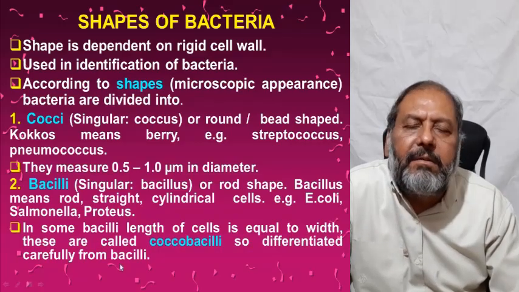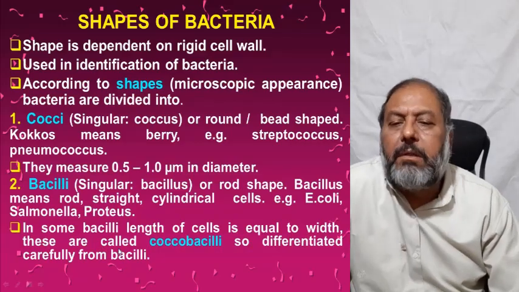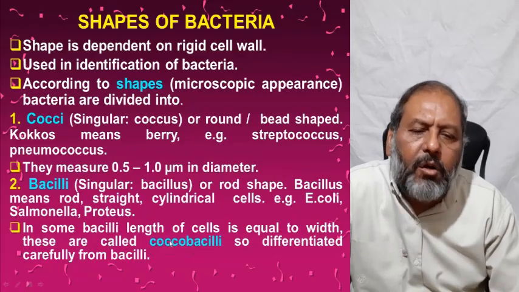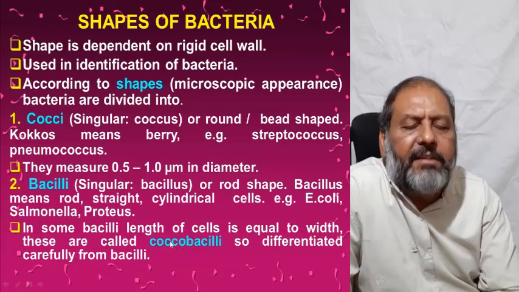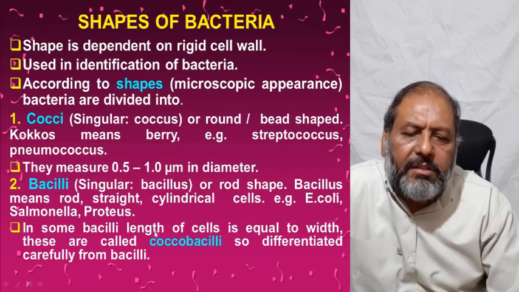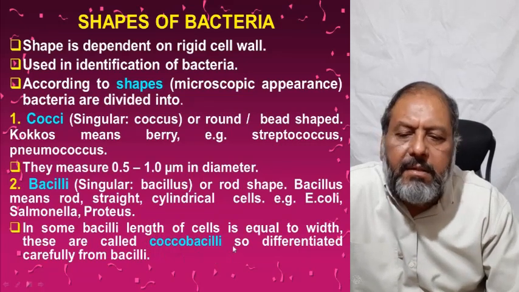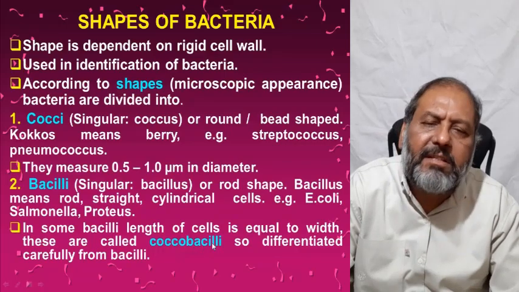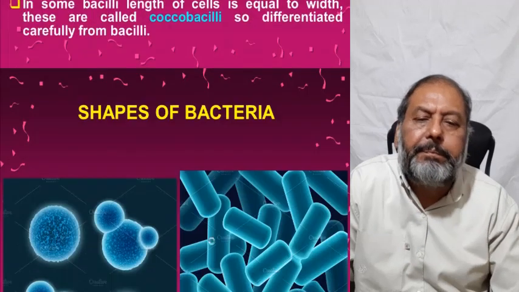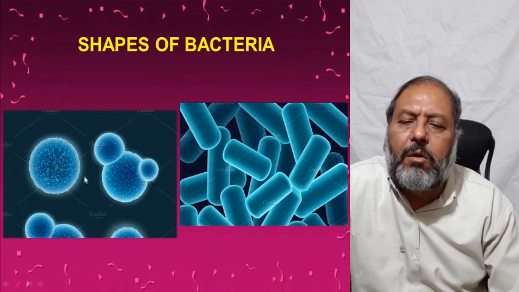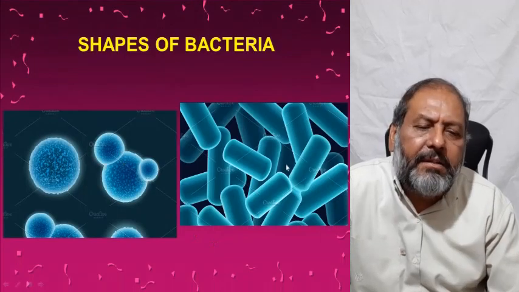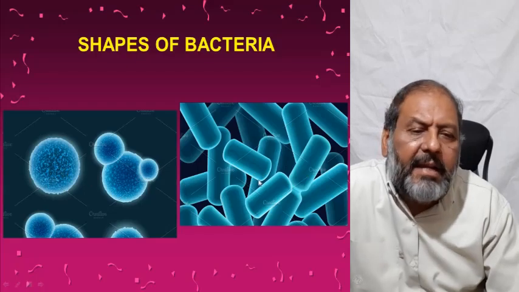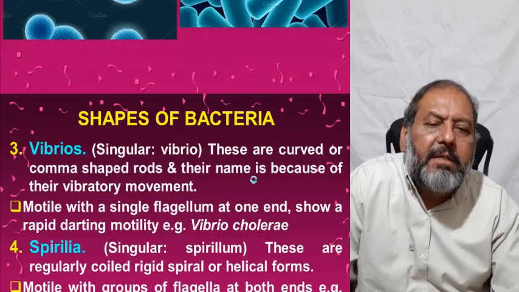So these are different from cocci and bacilli, but collectively they have some shape of the cocci and some shape of the bacilli. So these are called coccobacilli, and these are different from the bacilli because of their size and shape. So one can see the cocci, the berry shape, and the rod shape. So these are the cocci and these are the bacilli.